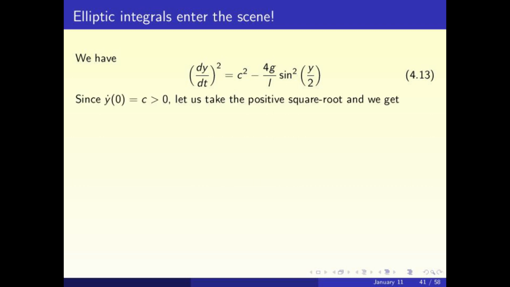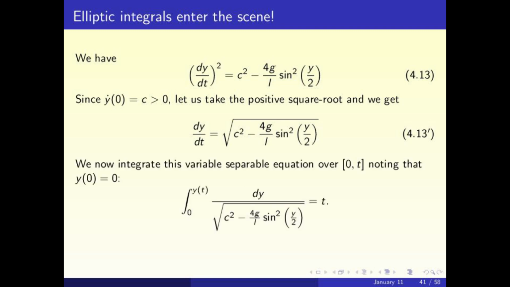Since y dot of 0 is c, which is positive, the derivative at time t equal to 0 is positive, so let us take the positive square root of 4.13 on both sides and we get dy by dt equals square root of c squared minus 4g by L sine squared y by 2, which has been called 4.13 prime. 4.13 prime is a variable separable equation and we proceed in the usual way.